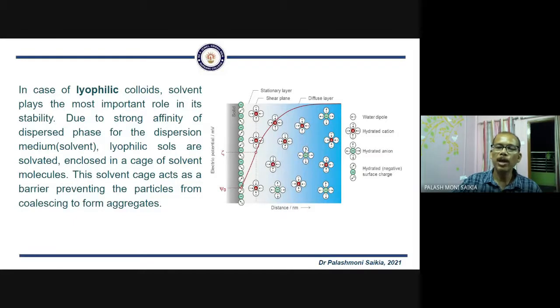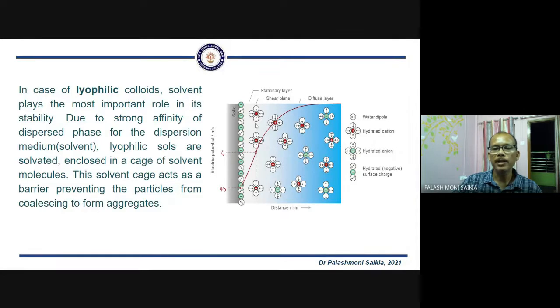They will attract the positive end, that is the H plus end of the water dipole, and the water molecules will stick to the surface and trap it, encase it, and these solvent cases will act as a barrier preventing their coalescing. So even if they are charged, there will be no electrostatic influences, okay, but at the same time, they will not allow the particles to come closer.